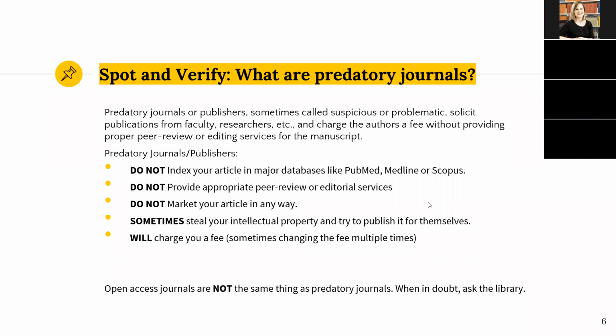They don't market your article in any way. This is part of the publication process, that they should be marketing your article through Twitter, Facebook, different ways. Sometimes they even steal your intellectual property and try to publish your articles under their name or under a different name. So there's a lot at stake here.